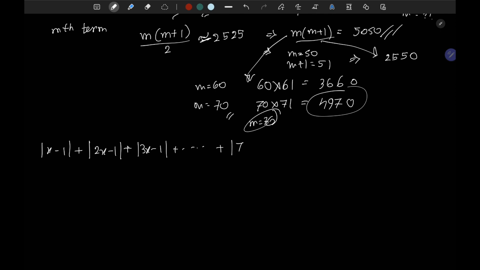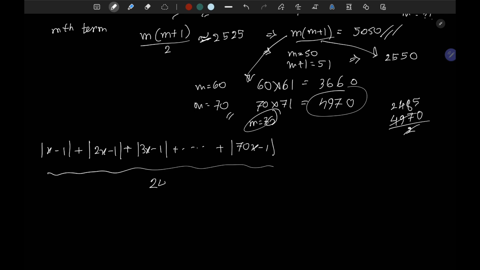We had up till 70x minus 1, and the number of terms till this is nothing but your 70 times 71 by 2. This is your this many terms. Total 2485 terms are already here.